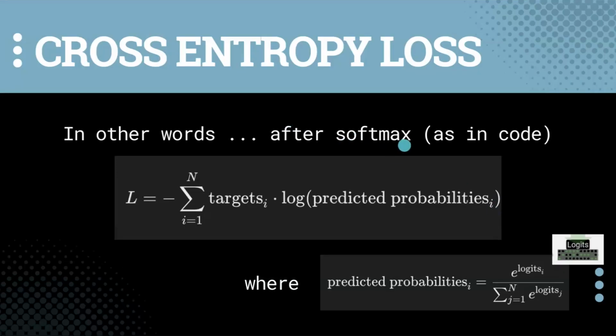So the softmax, as we saw in code, it's actually easier to calculate softmax and then do this. The softmax is calculated based on the logits with this equation right here.